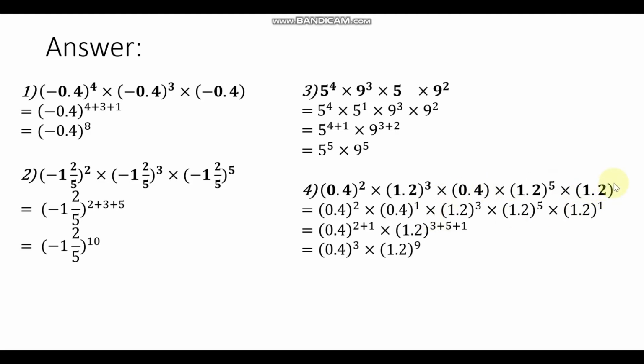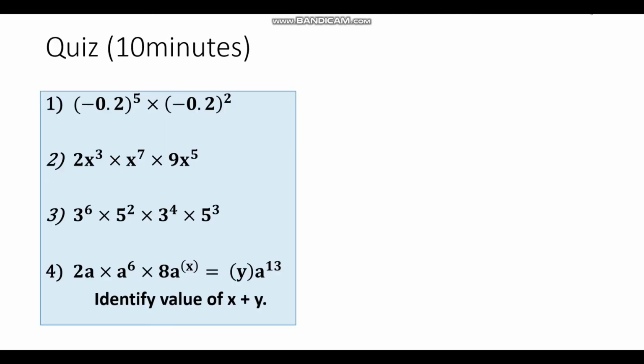After we put all the 1 as the value of index, we can rearrange them according to the same base. 0.4, 2 plus 1; 1.2, 3 plus 5 plus 1. So we have the answer 0.4 to the power of 3 times 1.2 to the power of 9.